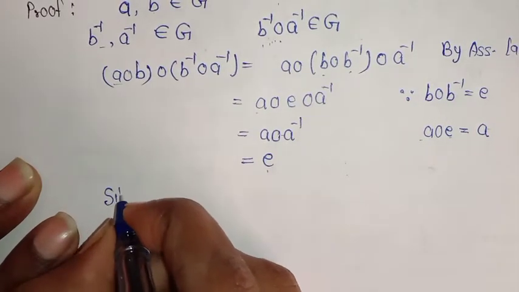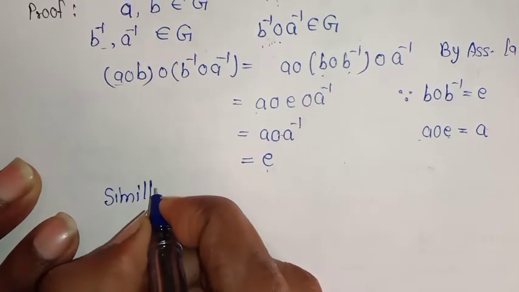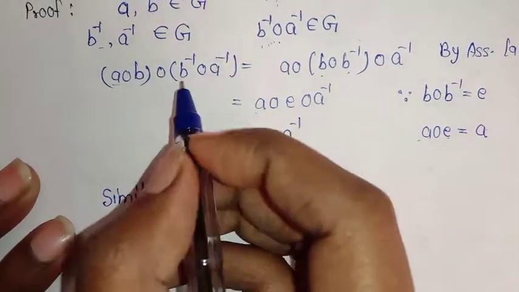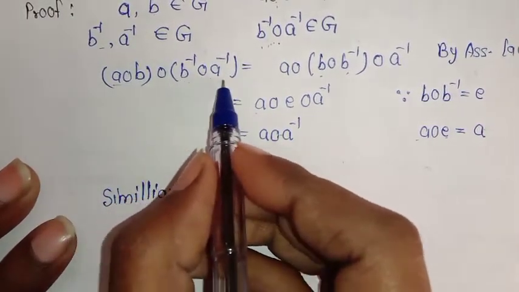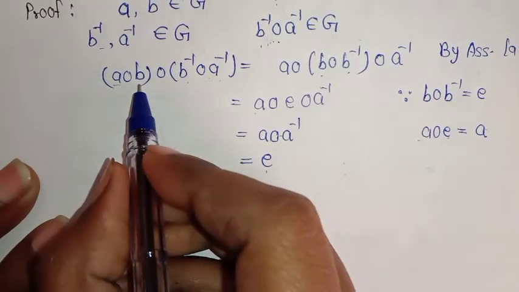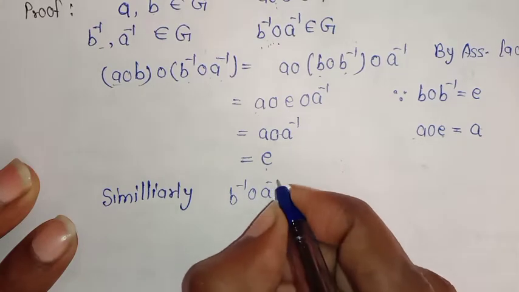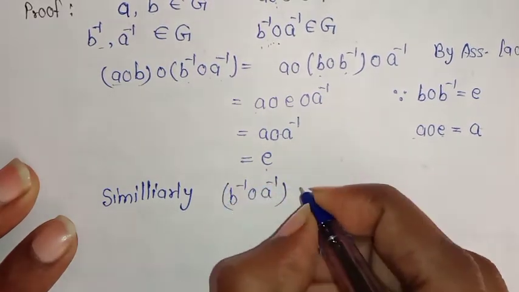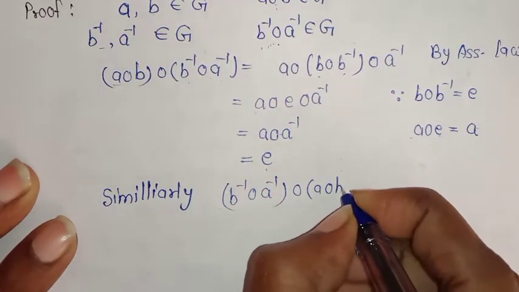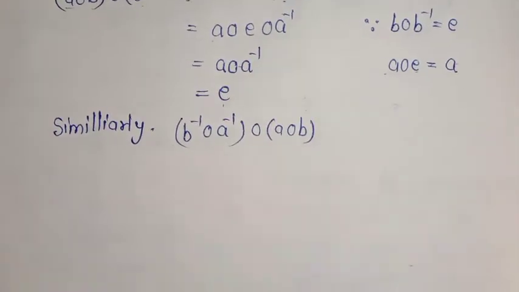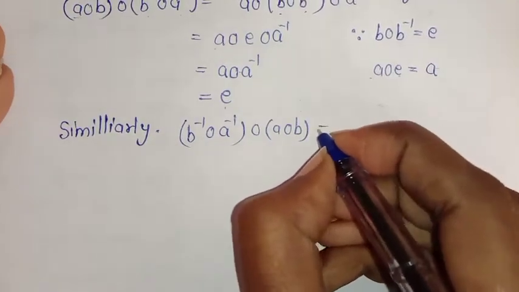Similarly, you can check it by yourself. If we use the reversal rule here, that is, if we take the first element as this element and the second element as this element, this becomes (b⁻¹ ∘ a⁻¹) ∘ (a ∘ b).